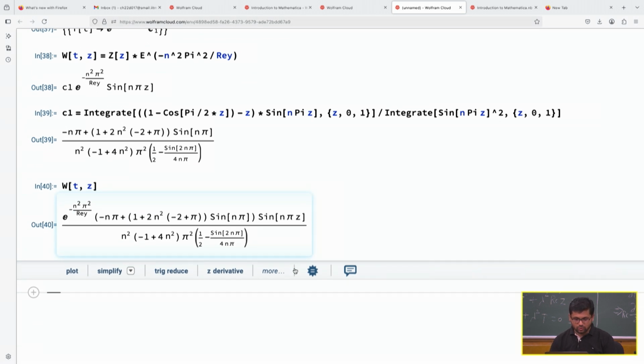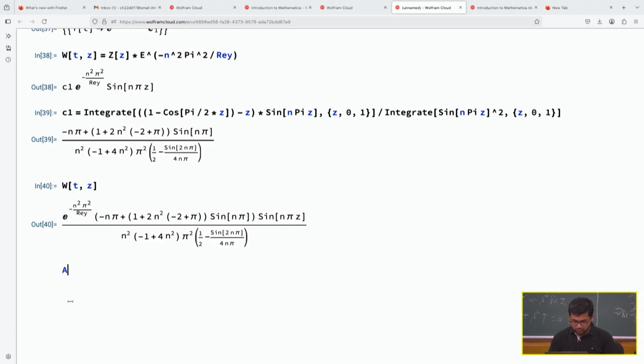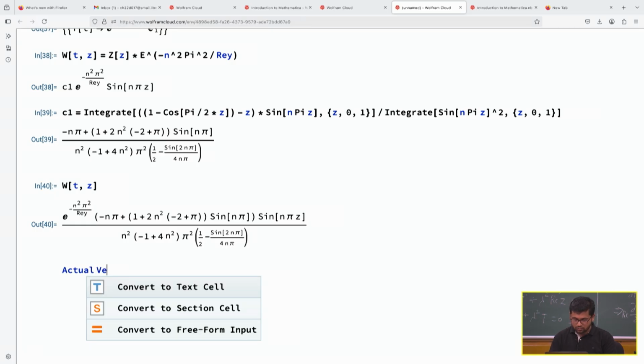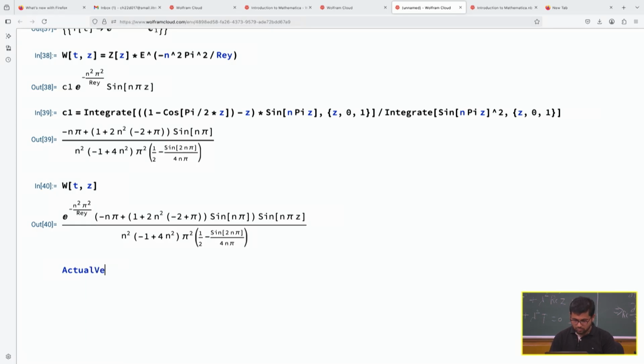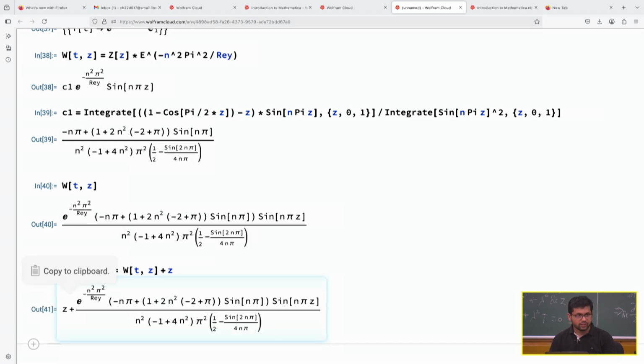So, this is the deviation velocity profile, you need to add it with USS, because the actual velocity profile will be W plus USS. So, the actual velocity will be equal to W of t comma z plus USS, which is nothing but z. So, this is your actual velocity profile.